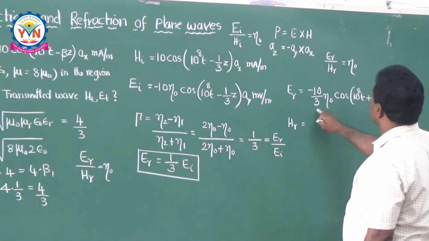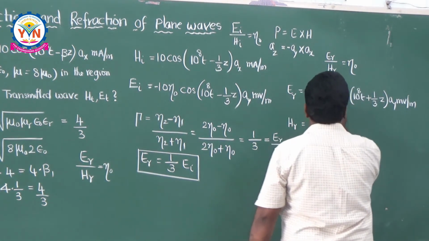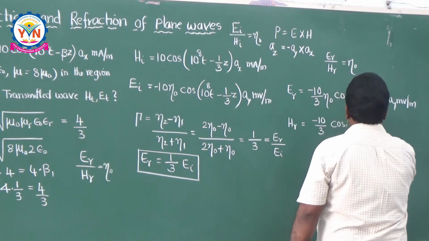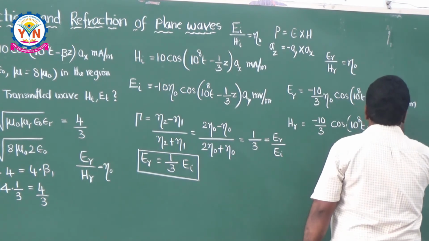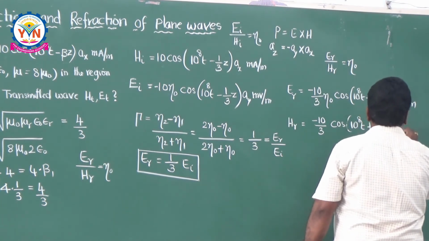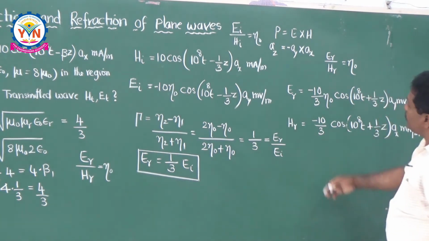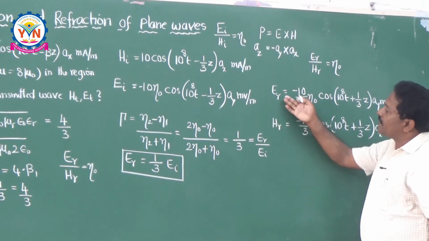So I can say this is minus 10/3, because eta naught and eta naught will be cancelled. That is cos of 10 power 8 t plus 1/3 z into AX milliamperes per meter. So this is the way of writing the reflected components of E and H.